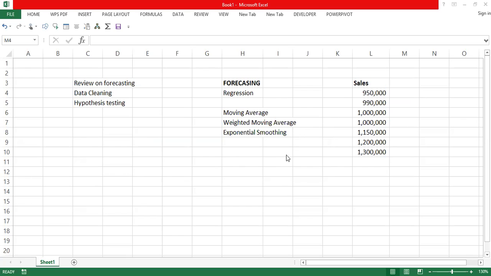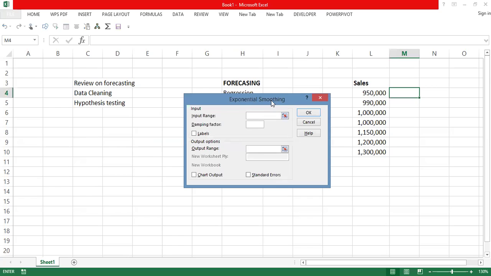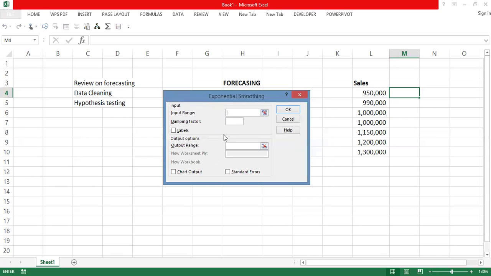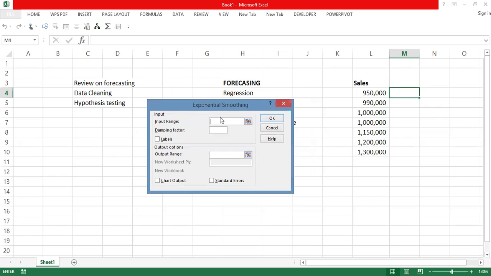Okay, so it has opened up. We should be used to this dialog box now, because we've seen it several times. It's asking for input range. You just click in that box there, highlight the input data. Then damping factor.